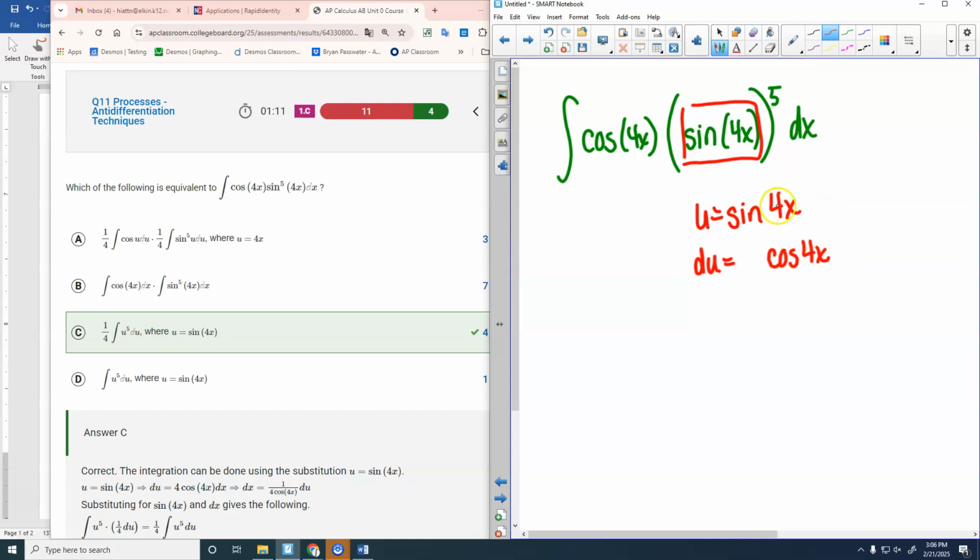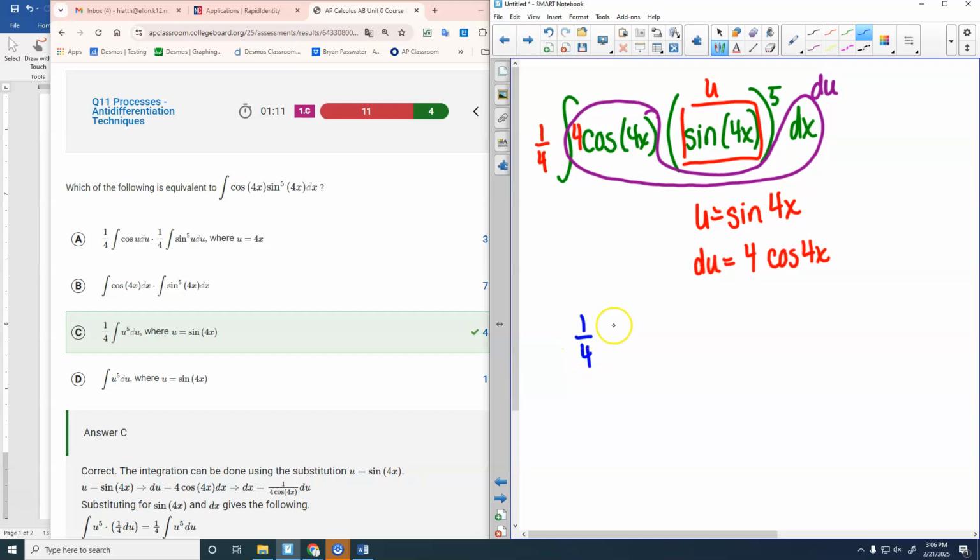You must multiply by the derivative of the inside, which will give you a 4. You've almost got your du there, but you need a 4 right here, which means you'll have to put a 1/4 out front. And so this stuff right here is your du. This is your u. So you've got 1/4 integral of u to the 5th du for that.